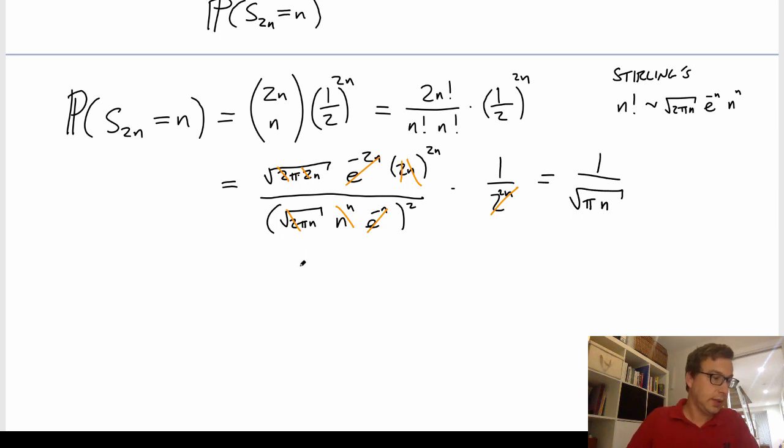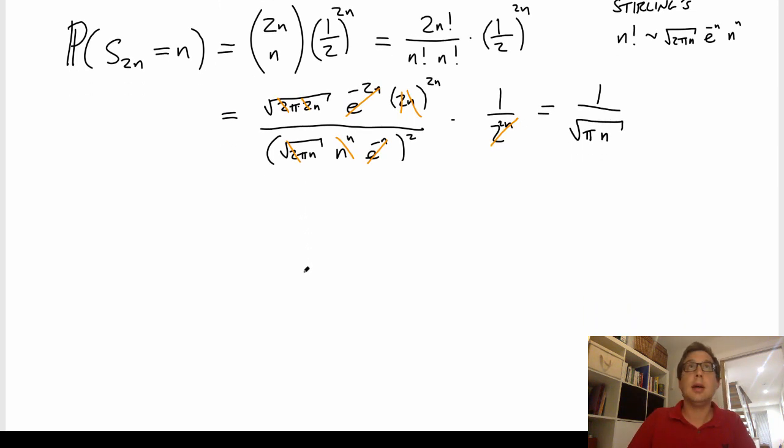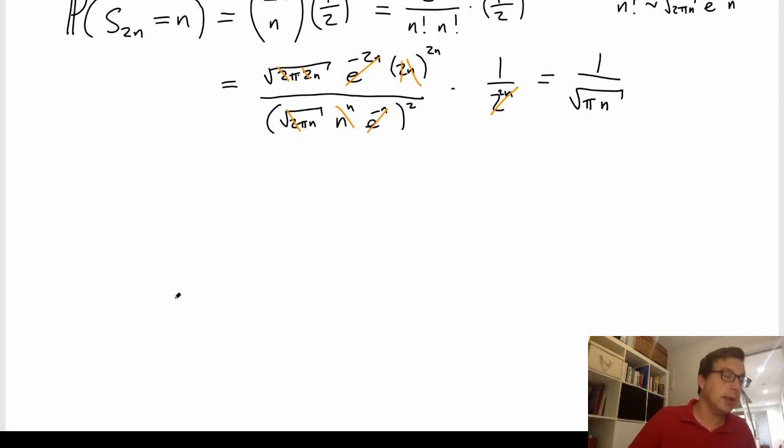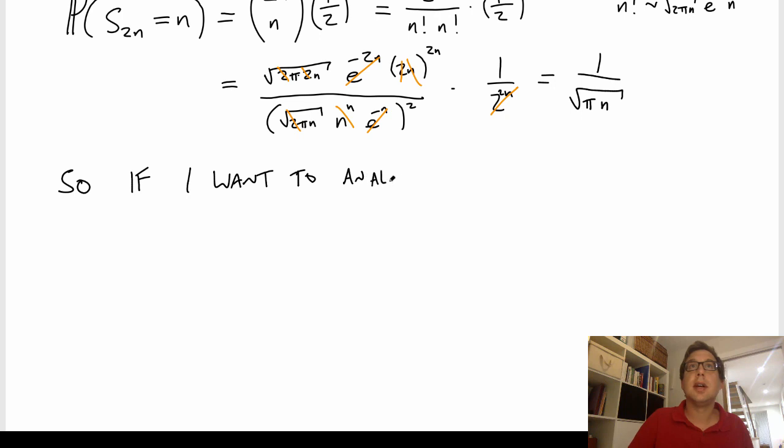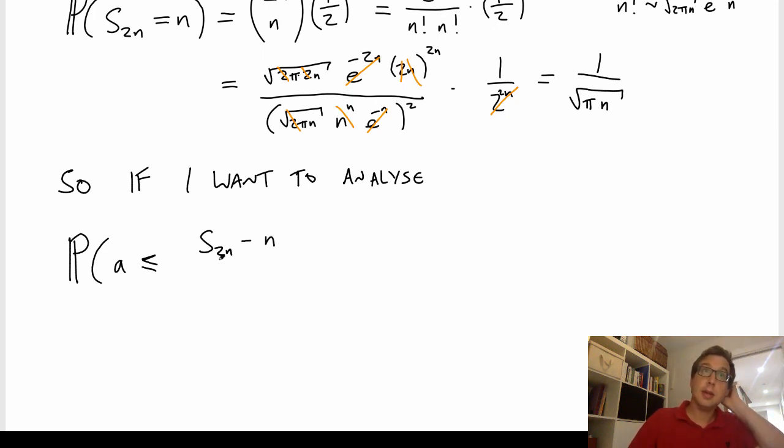So now we can start to put everything together. I want to analyze the following: the probability that the error I'm considering, that is the sum of these away from the mean, divided by square root of 2n times the standard deviation of this, which is a half.